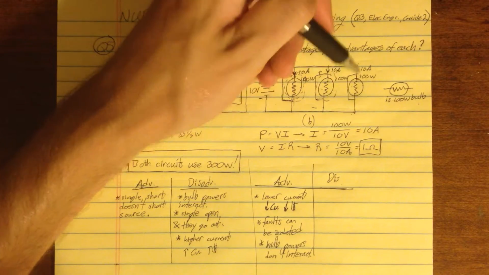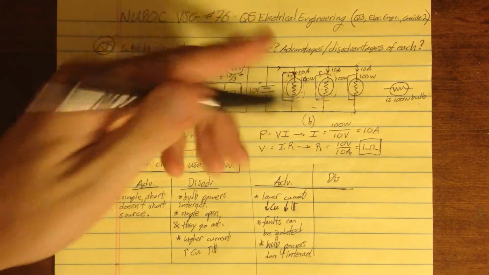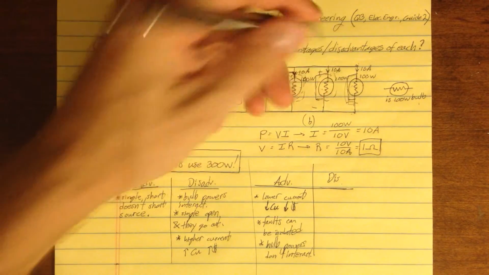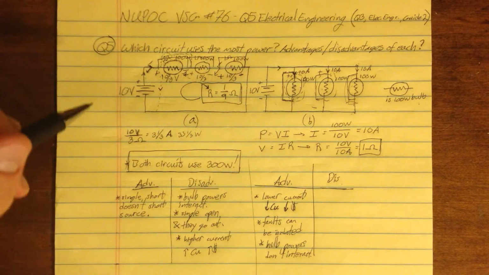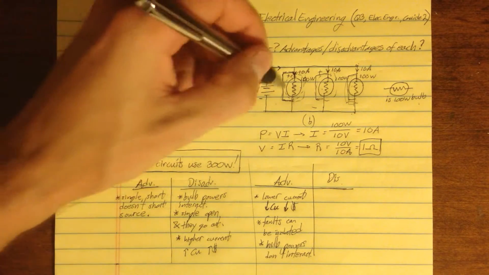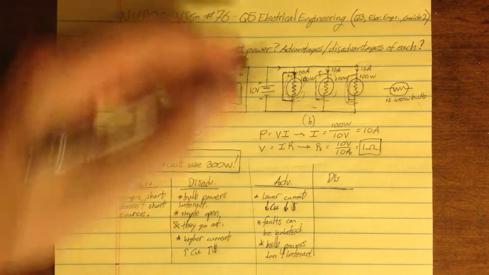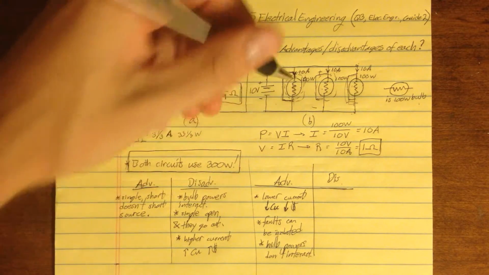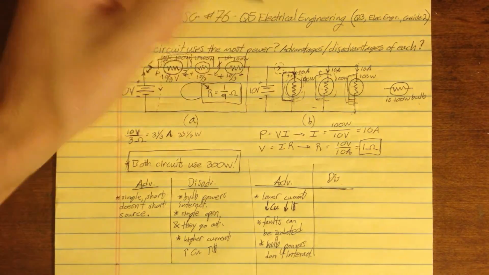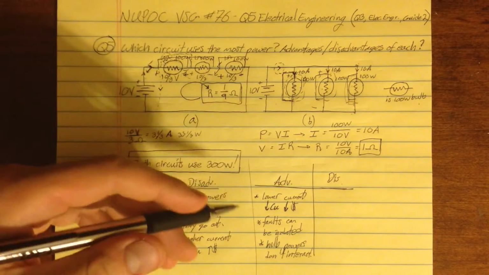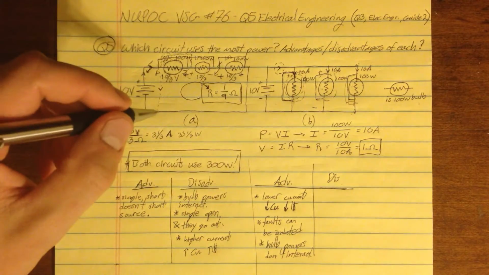Anywhere that I short these two nodes, it's going to create a short at the source, and the source will basically destroy itself unless there's some sort of circuit breaker protection. There might be a circuit breaker here, but then that's going to shut off the whole system if just one bulb fell short.